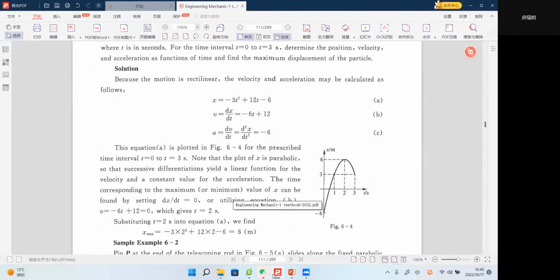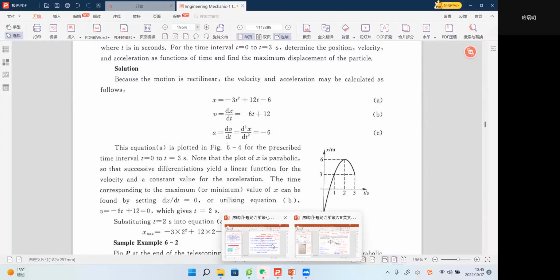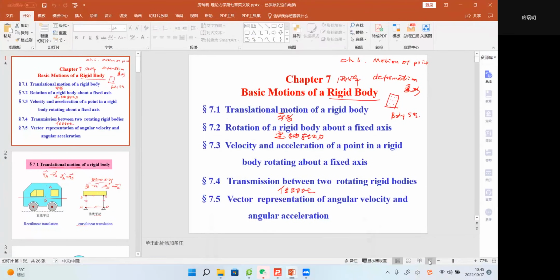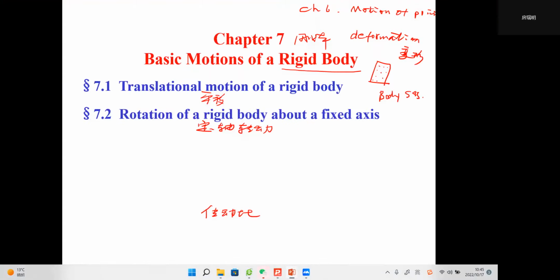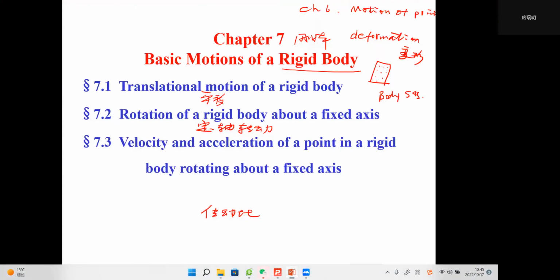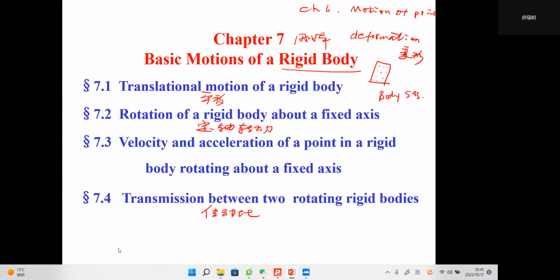So we should continue our class today. We are back to chapter 7. I think last time we finished section 1 and section 2. We should start with section 4.